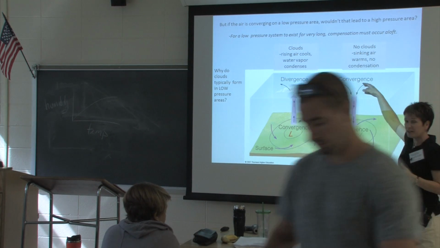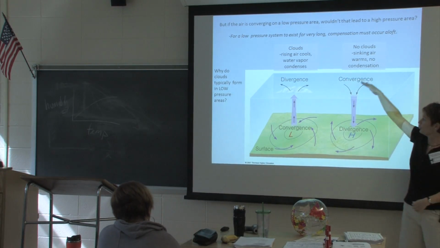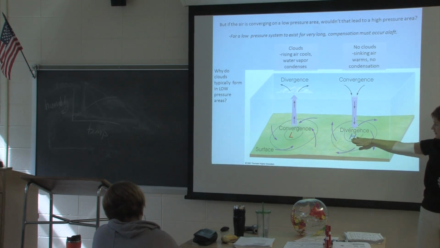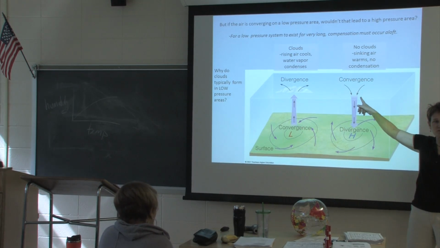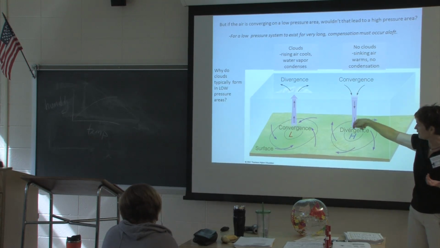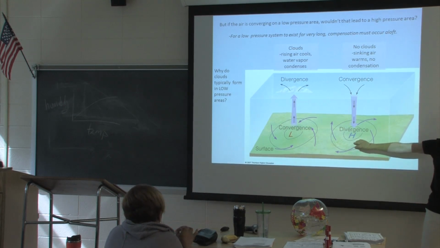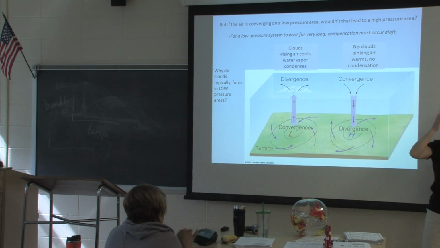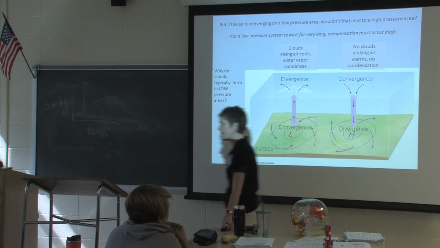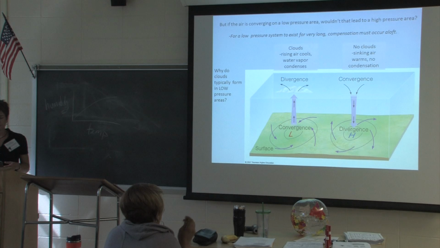When we get cool air coming from above in a high pressure system, this cool air is descending. Cool air contains usually less moisture, right? So our cool air is going to be descending. It's bringing with it what we consider to be nicer conditions, not really weather yet.